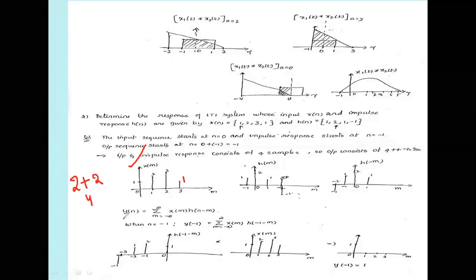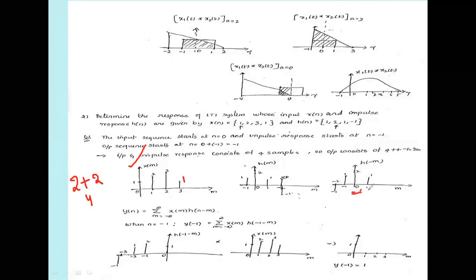Okay, my dear students. Whenever it is n equal to 0, not t, because t represents the continuous time function, the value is now 4.